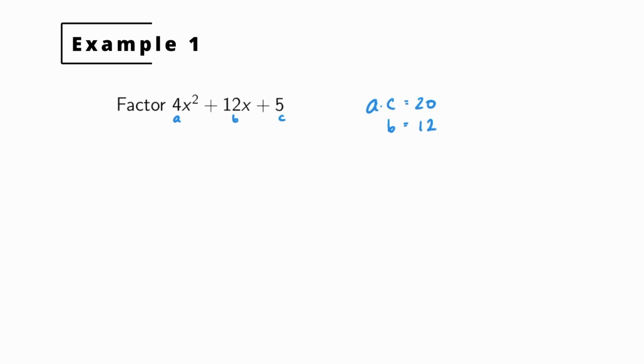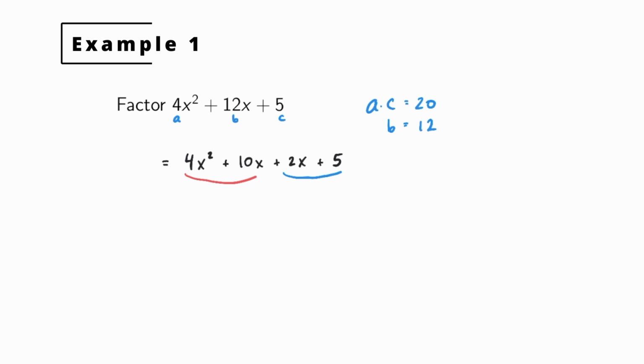So what we do is we're going to rewrite our polynomial a little bit differently. I'm going to split up 12x into a sum of 10x and 2x. So it's going to be 4x squared plus 10x plus 2x, and then write the plus 5 here. And now we have two pairs of terms.